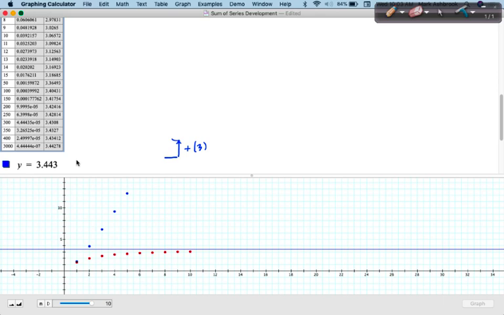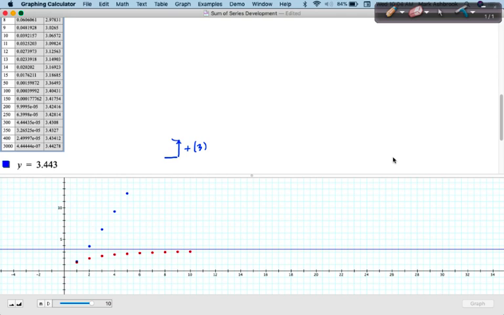That's what we mean by limit, right? The limit is where it's going, what you're getting infinitely close to. So if we were to add all the infinite numbers, then it would be exactly 3.44 something. Yeah. The further you go out, the more decimal places you get correct. If you could add all infinitely many terms, you'd have every decimal place right. It'd be exact.